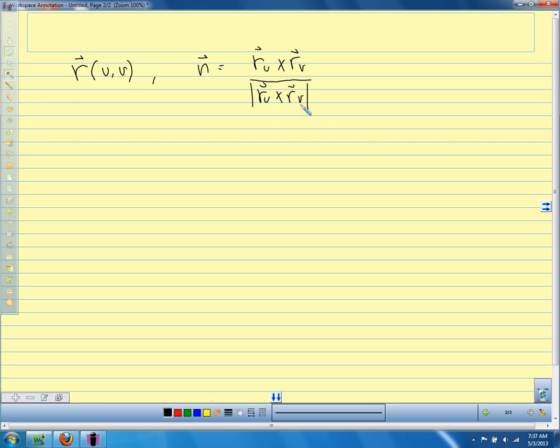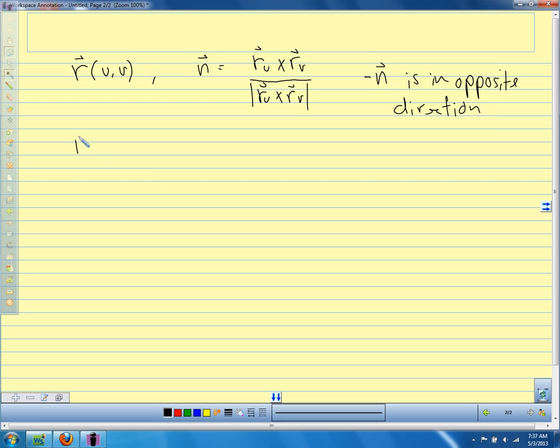There's nothing really surprising about a parametric surface. We've found unit normal vectors for surfaces before doing this exact thing. And then negative n would be the unit normal vector in the opposite direction. So those are our two unit normal vectors at a point on an orientable surface.